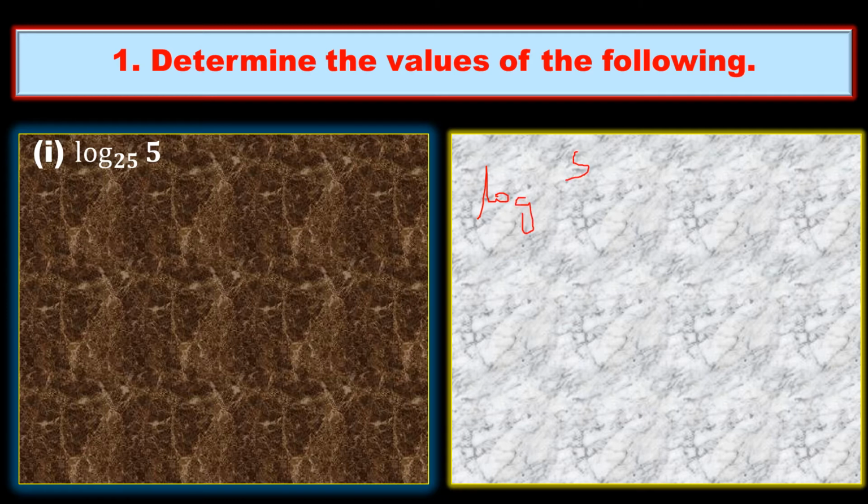5 base 625. Here you can tell that 625 means 25 square. Right, 625 is 25 square, but here I should not write 25 square. Here I should write in terms of 5 only. This is a very important thing.